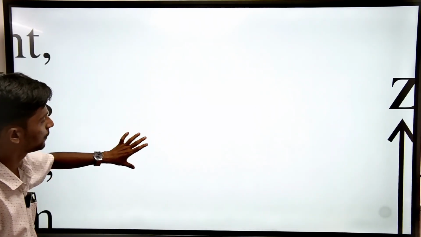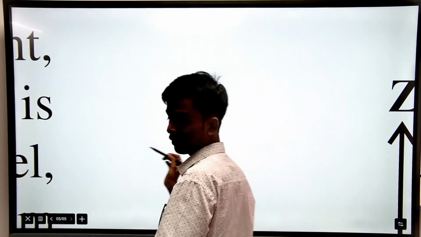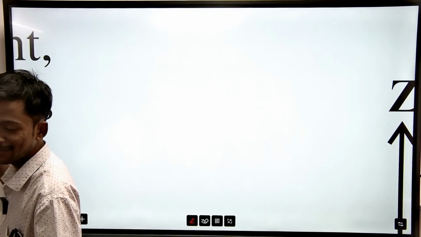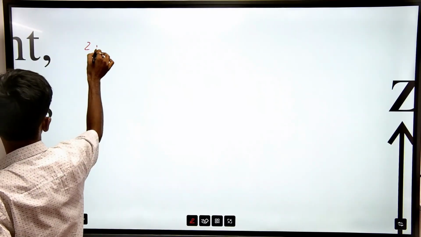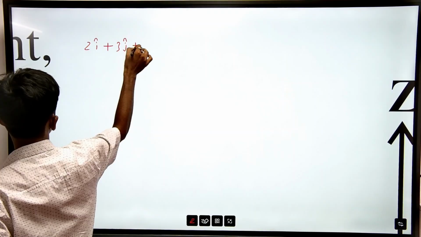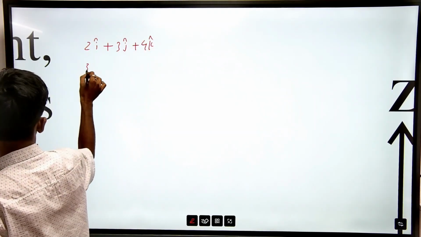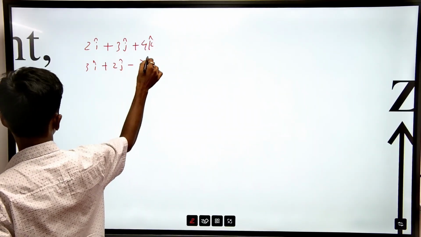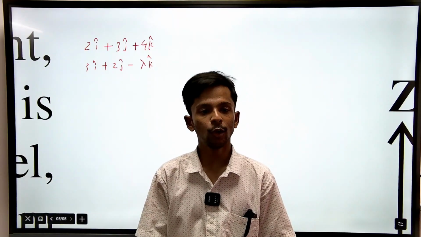Tell me what the vectors were. The first vector is 2i cap plus 3j cap plus 4k cap. The second vector is 3i cap plus 2j cap minus lambda k cap. Now they are perpendicular, so the dot product is 0.